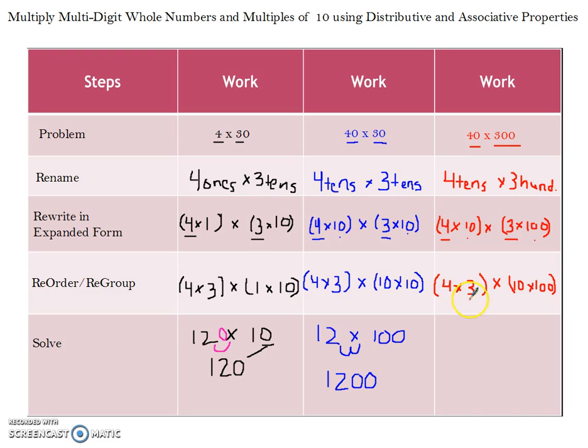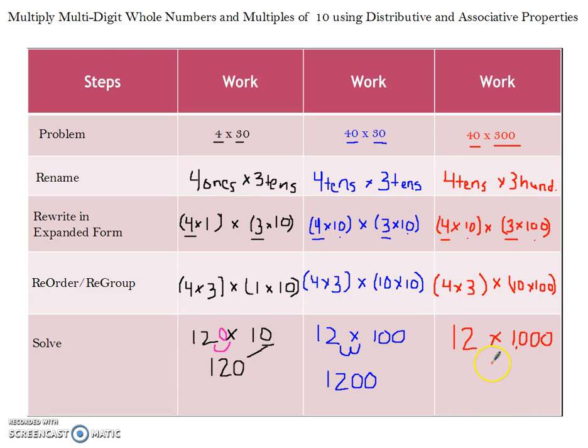Then I can solve. 4 times 3 is 12 times 10 times 100, which is 1,000. And I know it's 1,000 because when you're multiplying multiples of 10, you add your zeros onto each other. And since I have 1, 2, 3 zeros, 1, 2, 3 zeros down here.